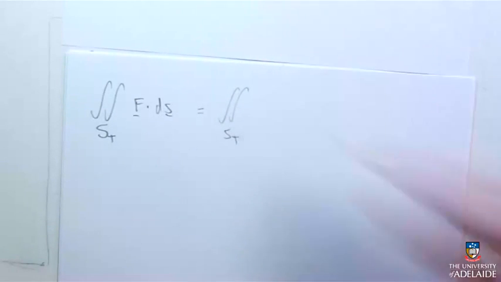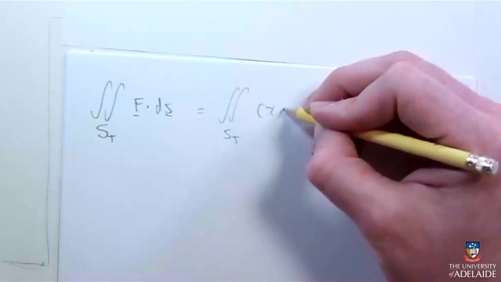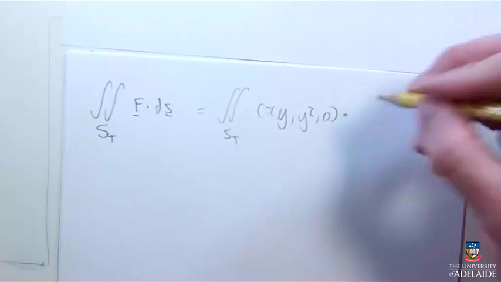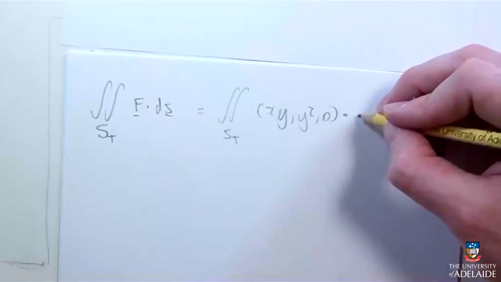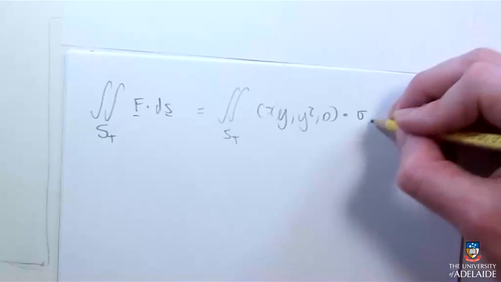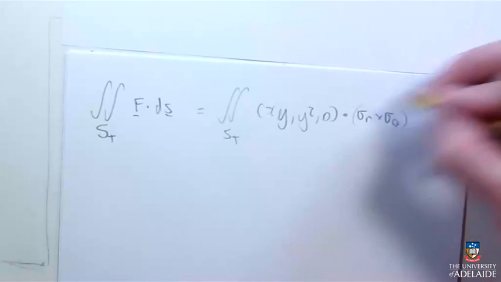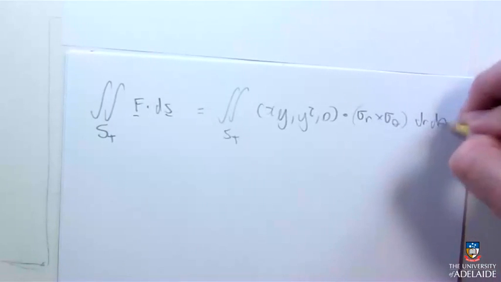So the F was x, y squared, 0, and the dS will be sigma r cross sigma theta times dr d theta.